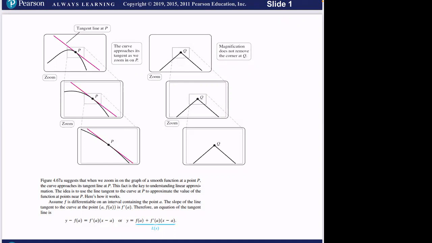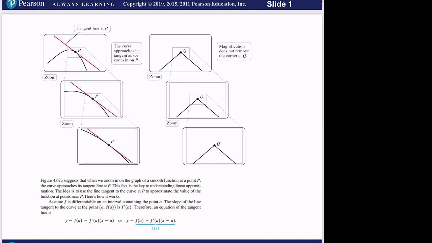After successive zoom in, you can see the graph of the function near that point appears to be the tangent line at that point. So we approximate the value of the function near that point P using that tangent line. We call that the linear approximation of the function at the point P.